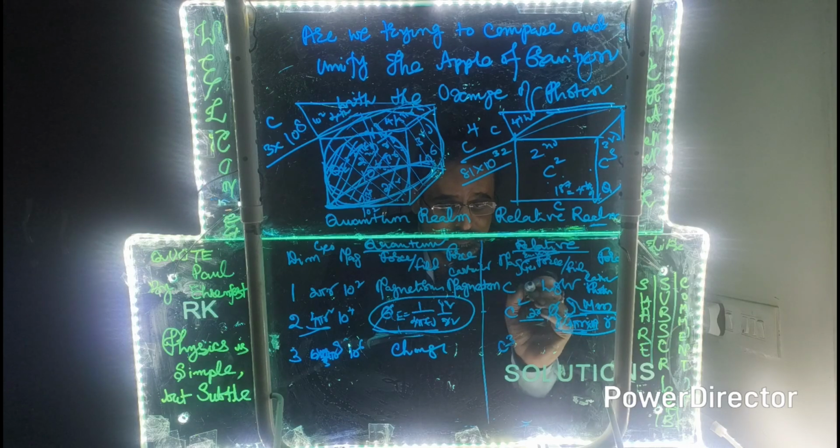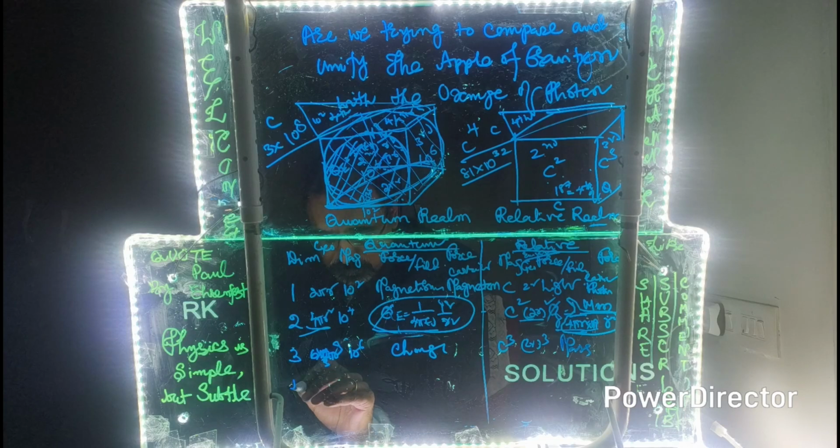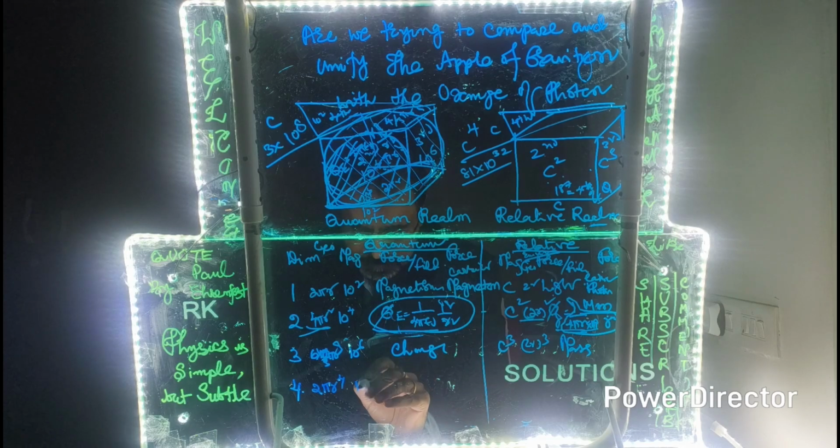See, this is 2R, this is 2R square, this is 2R cube, kind of. And what was the charge? Right here, this third one is charge. Here it will be mass. CQ is mass. And fourth one we went to, and we got 2 pi r4, 10 raised to 8.